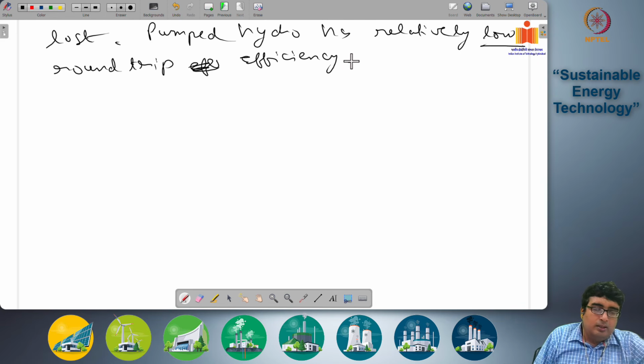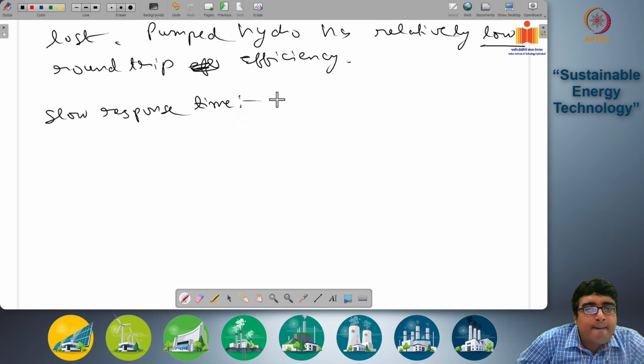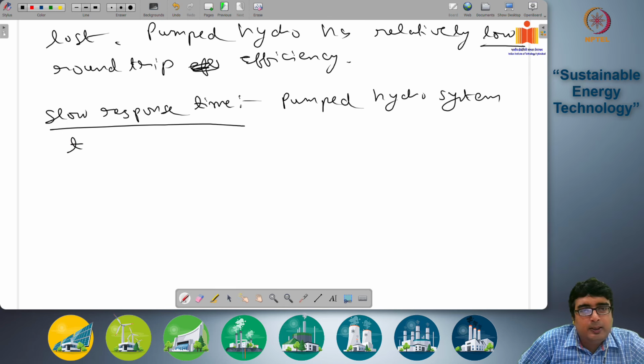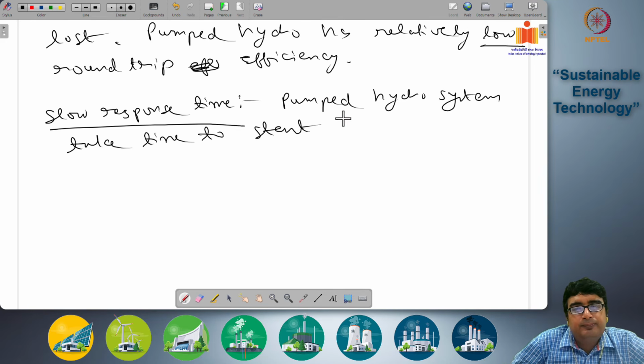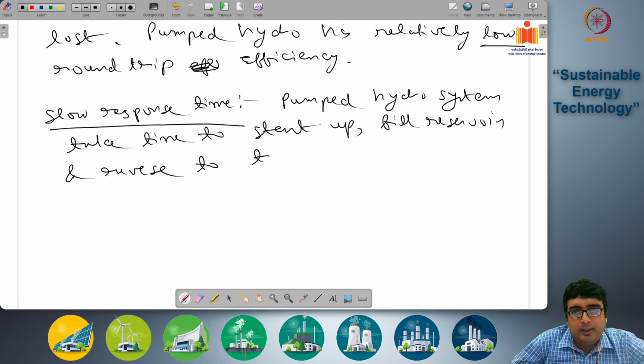Okay. The other issue is slow response time. So pumped hydro systems take time to start up, fill the reservoir, and reverse to turbine mode.